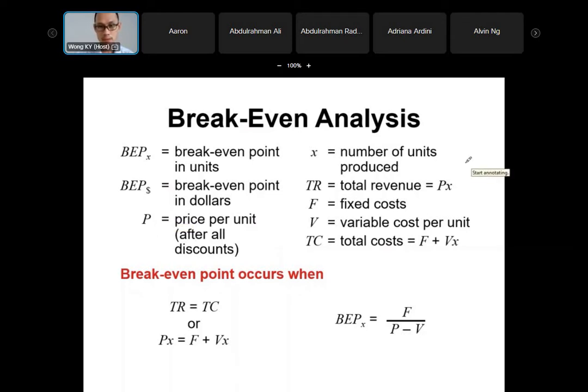Capital F stands for fixed cost. Capital V stands for variable cost per unit product. So V multiplied with X gives the total variable cost.